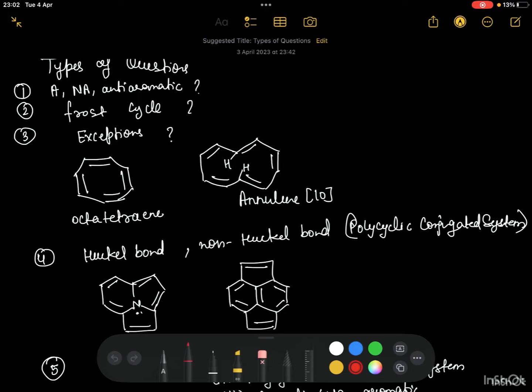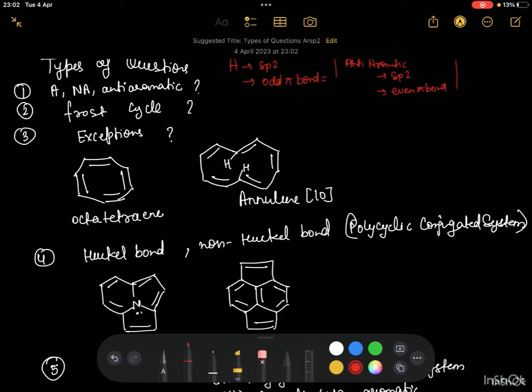We already discussed how you will distinguish aromatic, non-aromatic and anti-aromatic compounds. For aromatic, there should be sp2 and an odd number of pi bonds. For anti-aromatic, it is sp2 and an even number of pi bonds.